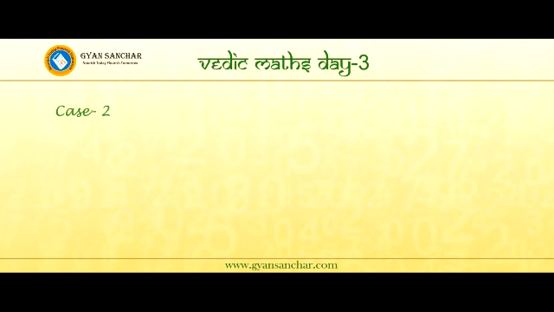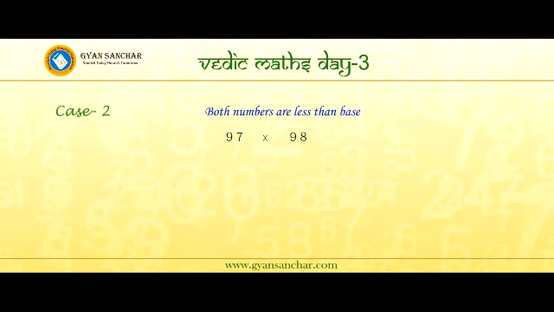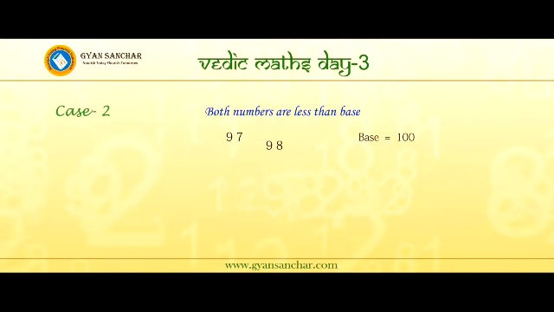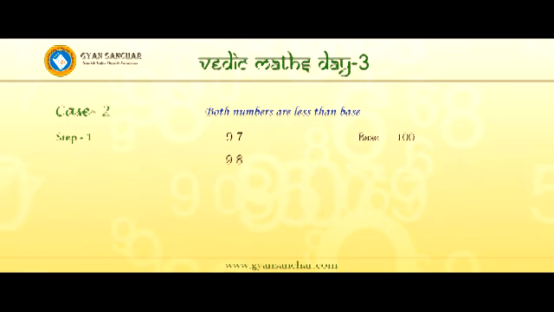Take an example of case 2. Say multiplication of numbers 97 and 98. The nearest base is 100. Step 1. We get the difference by subtracting the base from the numbers as we did earlier. But since the base is more than the number, the differences come out to be negative.